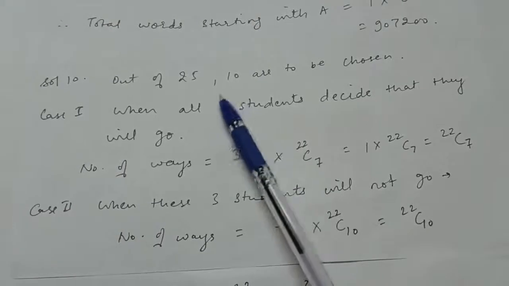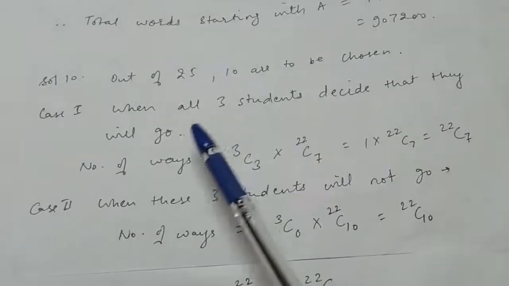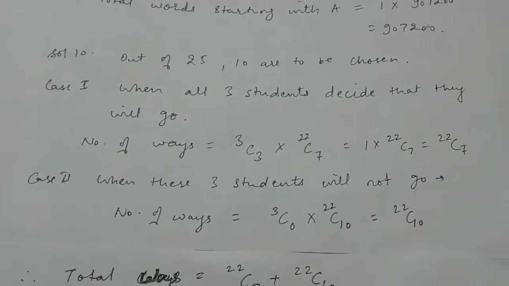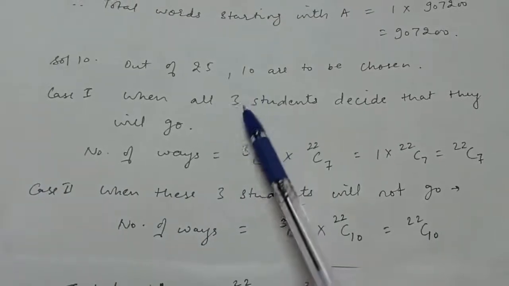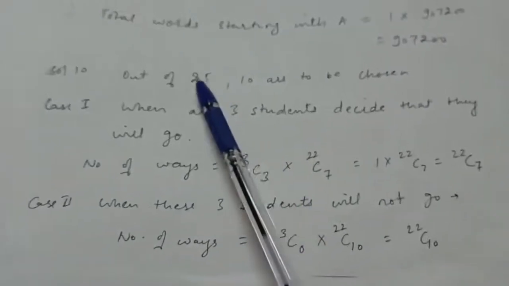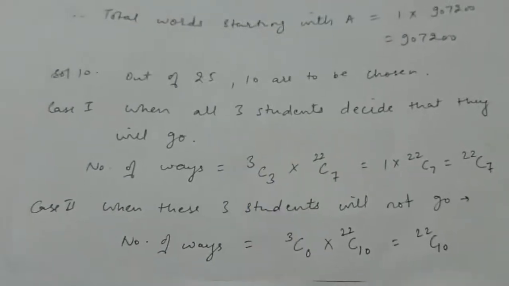So, first case will be, let us consider that all the 3 students decided to go. So, these 3 students decide to go, right? We want to select 3. Now, these 3 will definitely go. So, out of 3, all 3 will go, that is 3C3, into, now, out of 25, 3 are already chosen.